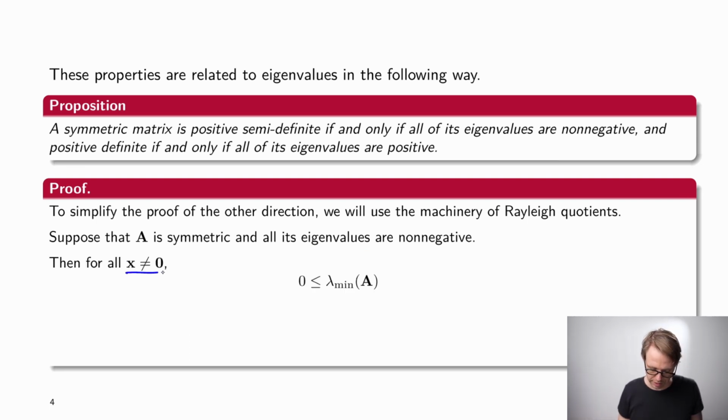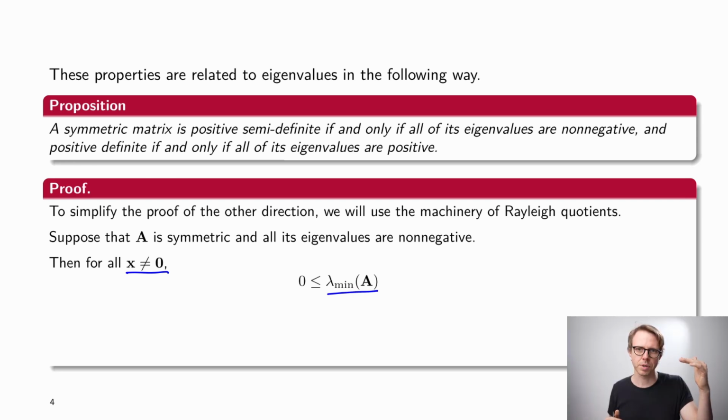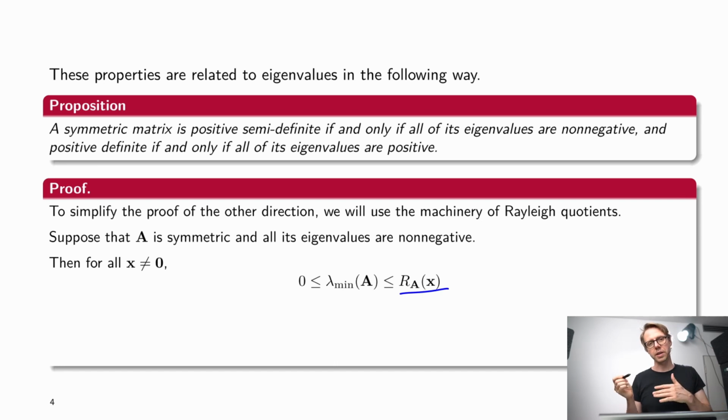For any x that is different from 0, if you remember, the Rayleigh quotient is bounded below by the smallest eigenvalue and above by the largest eigenvalue. Here, we know that the smallest eigenvalue is larger or equal to 0 because all the eigenvalues are non-negative. Then, of course, the Rayleigh quotient is also larger or equal to 0.